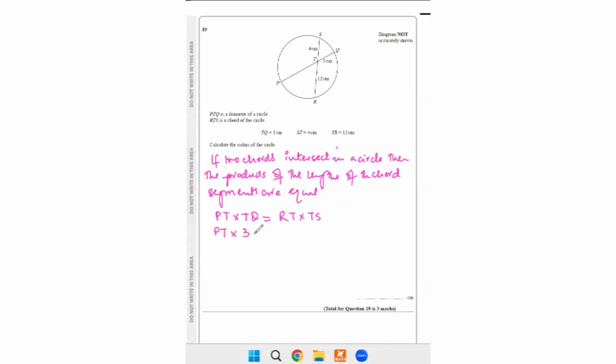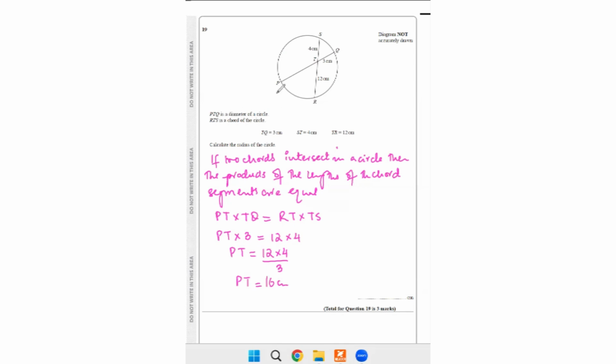TQ is 3, RT is 12 and TS is 4. So PT equals 12 times 4 over 3, which is going to give us 16 centimeters.